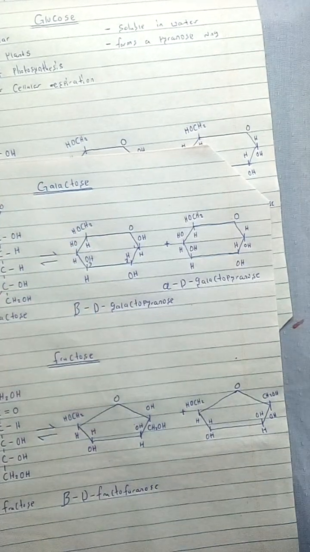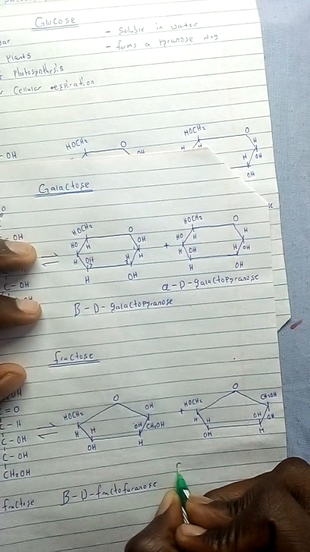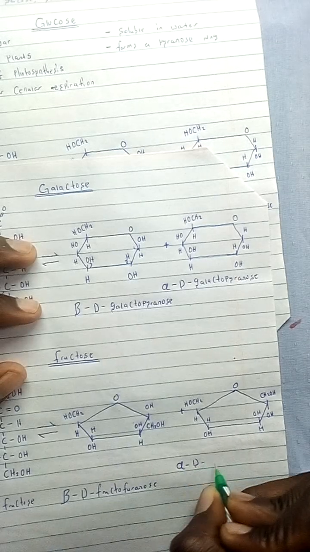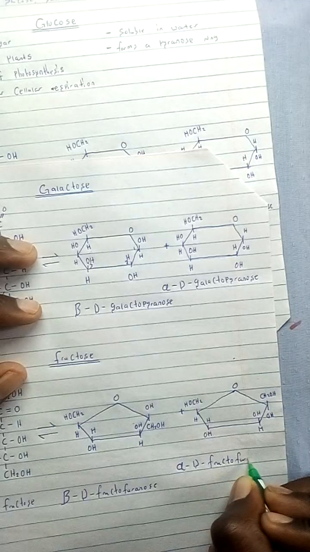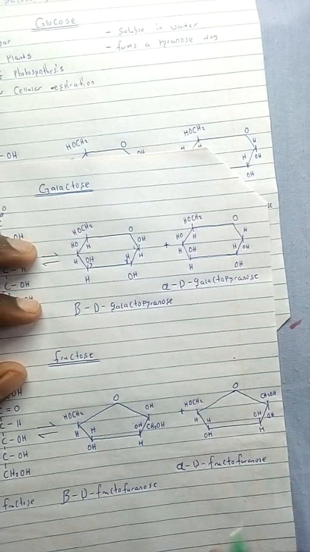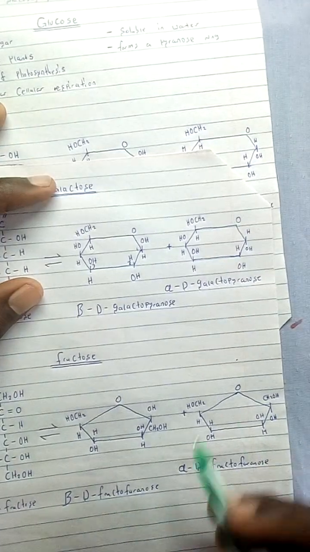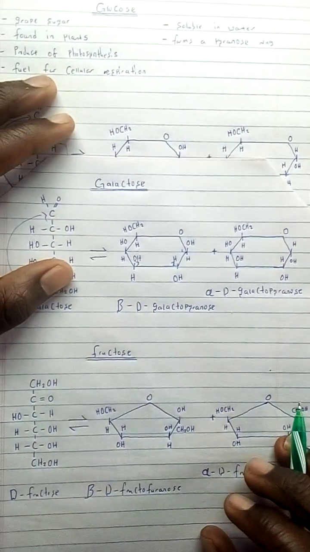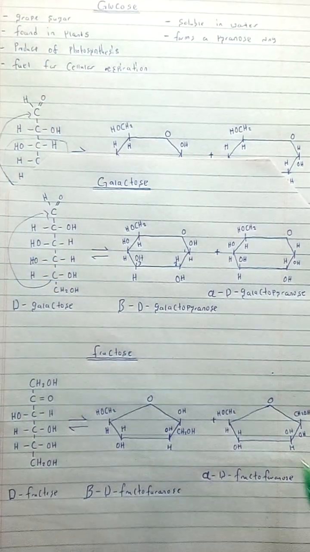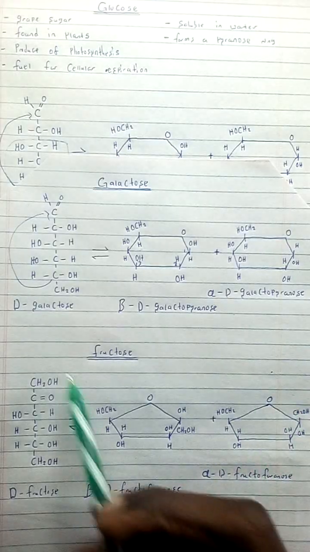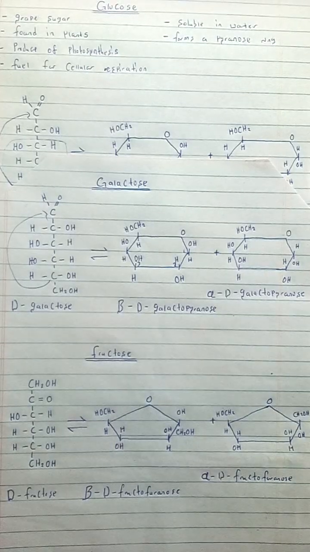So this will be called alpha-D-fructofuranose. This is the open chain form, and this is the ring form.